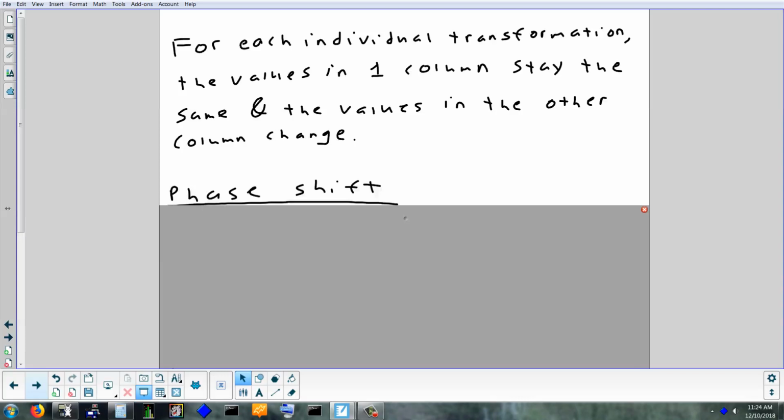Everything I just explained to you was background information about sine and cosine. Now I'm going to focus specifically on two transformations. The first one is a phase shift. Sine and cosine waves have lots of applications to things in real life, like electricity. That's a little complicated to demonstrate in here.